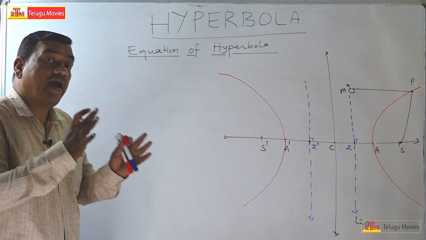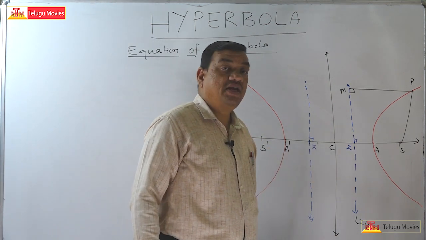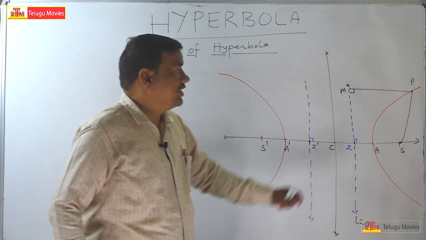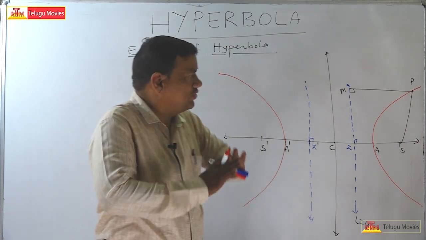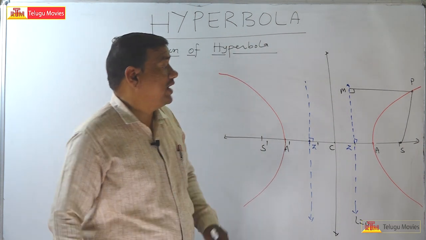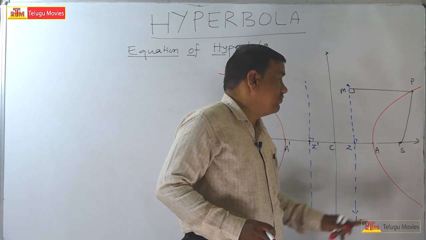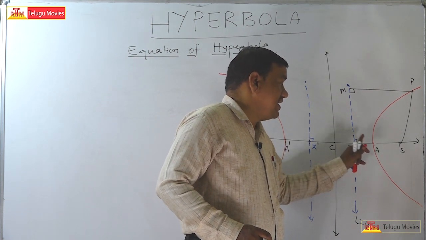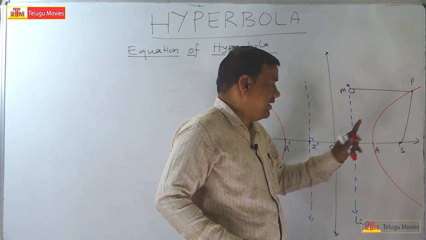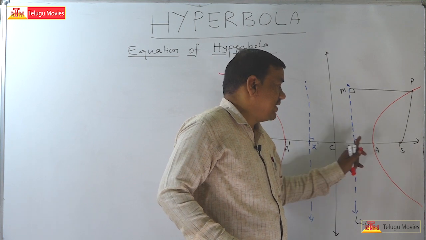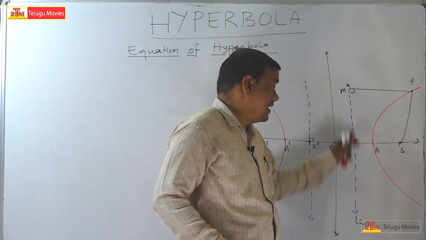According to the definition, let A be a point on the conic. Don't take P for the time being; instead of P I have taken A. By definition we have SA by AZ, where Z is the foot of the perpendicular from A to the line.